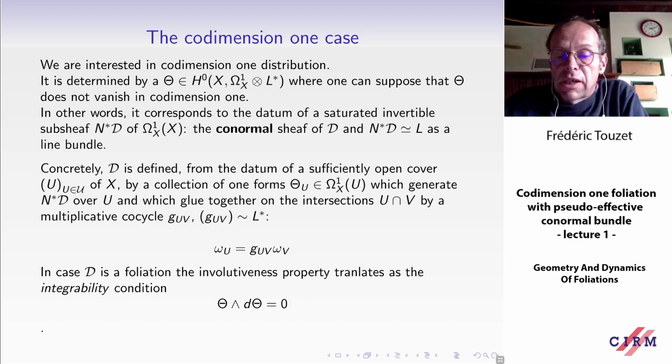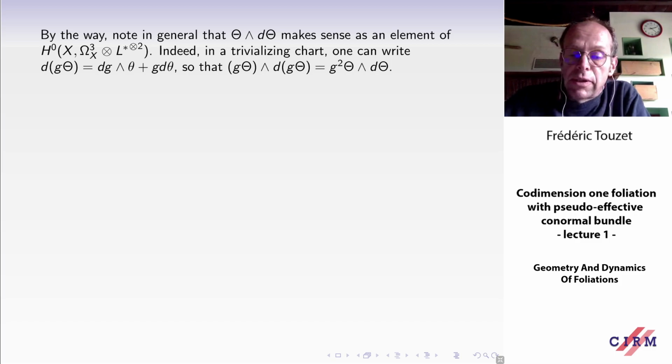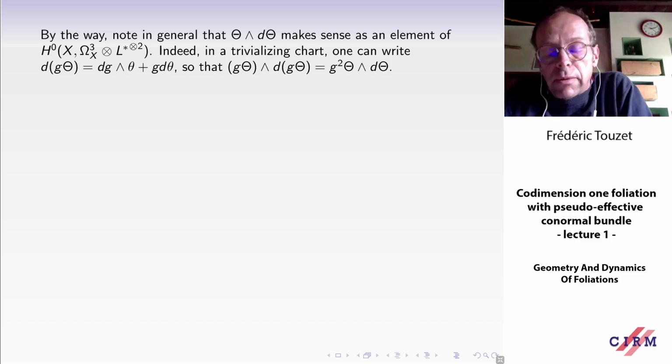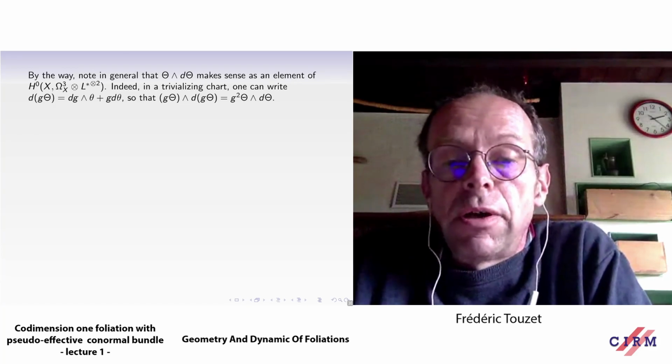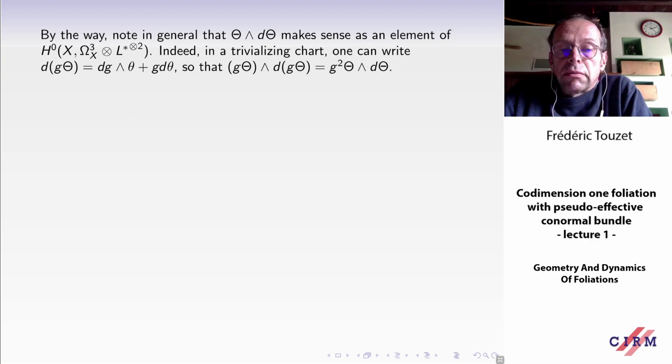And I have an additional remark concerning this relation, because recall that theta is a twisted 1-form in general, so the operator d is not well defined. But there is something which makes sense, namely theta wedge d theta, because of the derivation rules. If we differentiate g theta, it gives dg wedge theta plus g d theta.